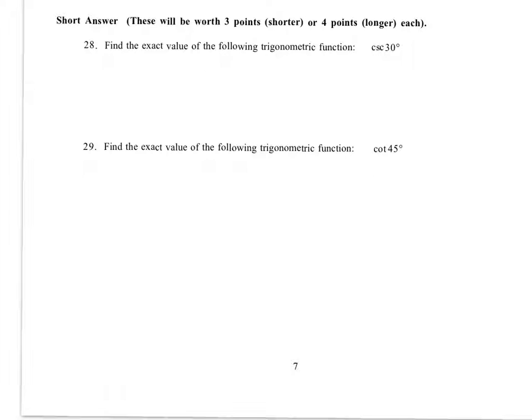For number 28, I'm going to use my special right triangle, and we're looking at a 30-degree angle. On your reference sheet, you have a special right triangle with a 30-degree angle, and the side lengths marked on there are y root 3, 2y, and y, although we could also use the unit circle for this.